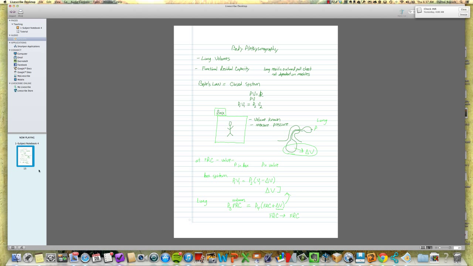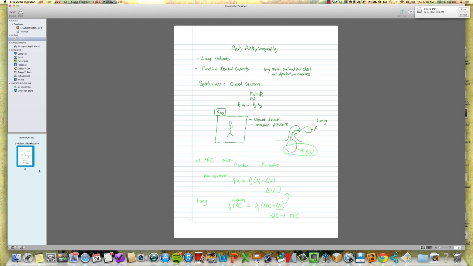And this patient is connected to another valve that is able to measure pressure. So in body plethysmography, we are measuring the pressure-volume relationship within two systems, within our box and within our lungs.